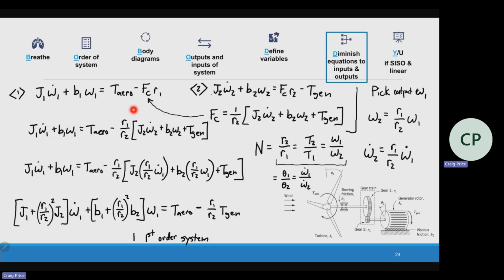Now ATD means something very different to me. ATD in my past life was anthropomorphic test device, also known as dummy. But yeah, that's what ATD means.